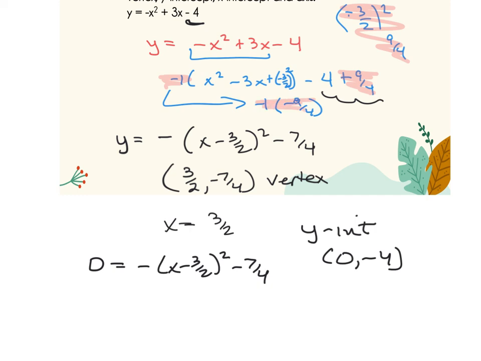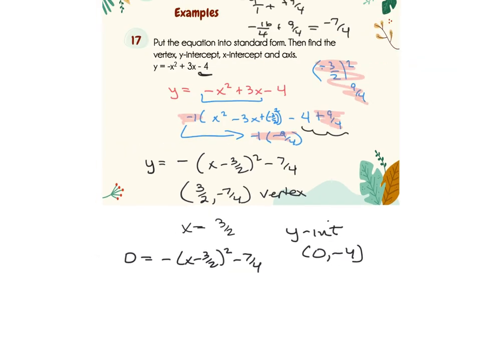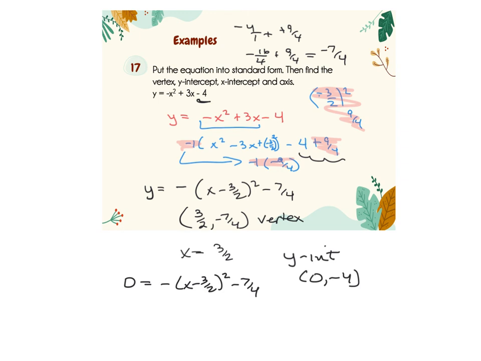So I have to multiply -1 times -9/4, and it gives me +9/4. Now I have to add -4 and 9/4, and that's what I did up here. Once I added those, I got -7/4, and now my equation is in vertex form.